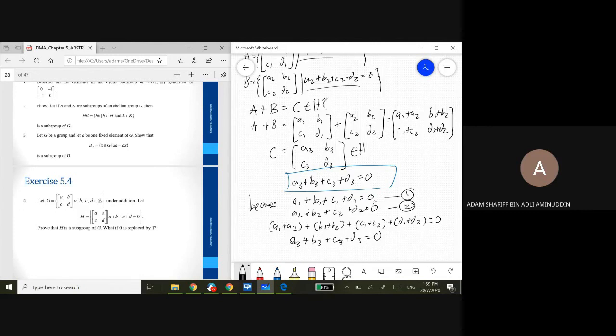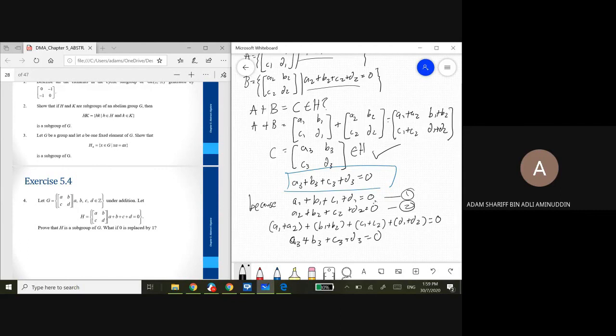When you group them together, the summation will also be 0. That's why A3 plus B3 plus C3 plus D3 also equals 0. Therefore, this C, which contains the new elements A3, B3, C3, D3, is in H.